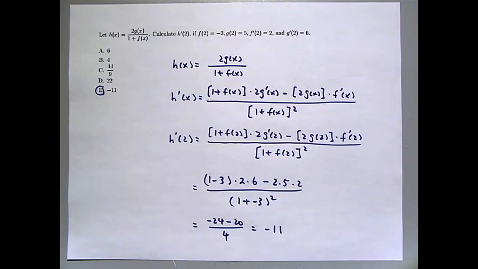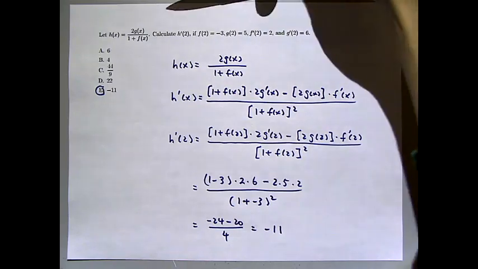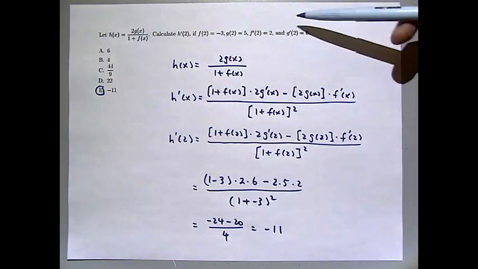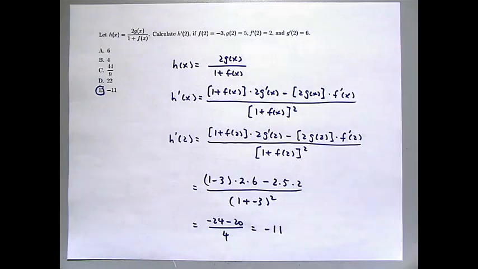All right, so it's another chain rule problem. We don't know f and g, but we know a few things about them. So by applying the chain rule, we use what we know eventually to find the derivative of this function. Questions?